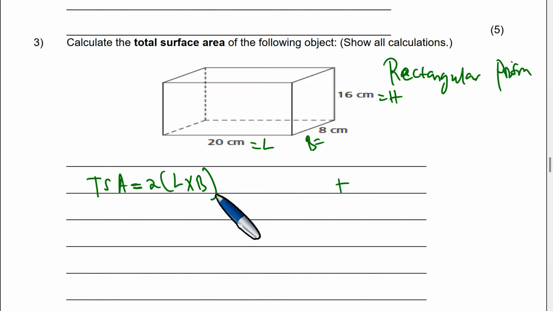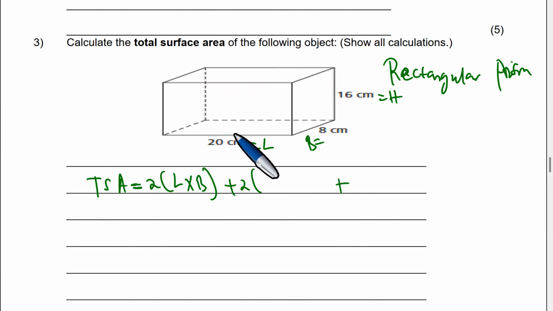So it's twice into the length by the breadth, plus twice into, because it's going to be the length by the breadth, and then there's length by the breadth. So which means that length by the breadth is the bottom and top.